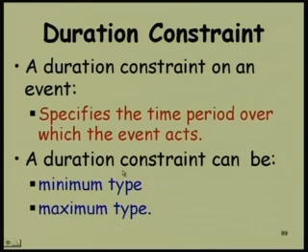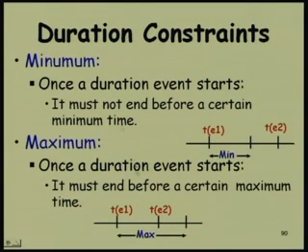Similarly, we can have a maximum or a minimum type of duration, where the duration must be of a certain minimum duration, or it may be of a maximum type, where the duration can be up to some maximum.